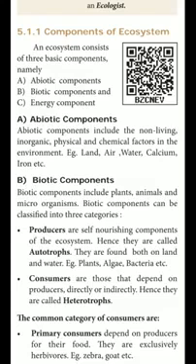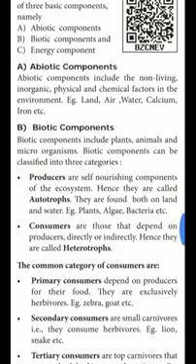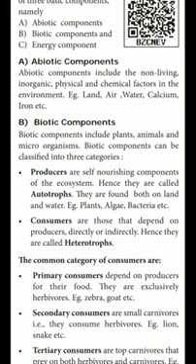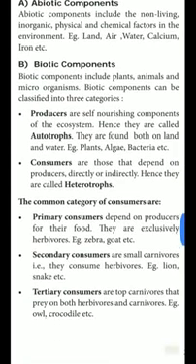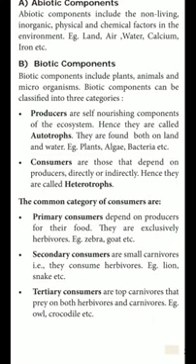Hence, they are called heterotrophs. Producers are called autotrophs and consumers are called heterotrophs. Consumers are divided into three categories: primary consumers, secondary consumers, and tertiary consumers.